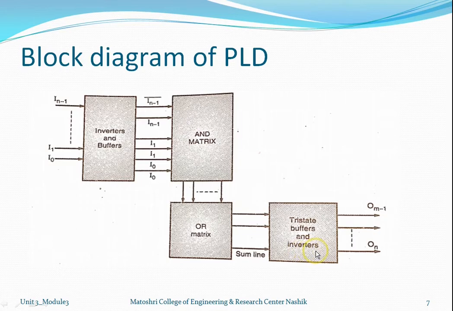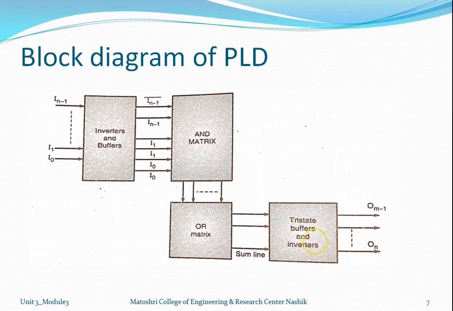Each output can be complemented or non-complemented, depending upon the connections, and the programmable inverters can be implemented by using XOR logic gates. The internal diagrams of the inverters and buffers, as well as the AND matrix, OR matrix, and programmable buffers and inverters, we will see in upcoming slides.